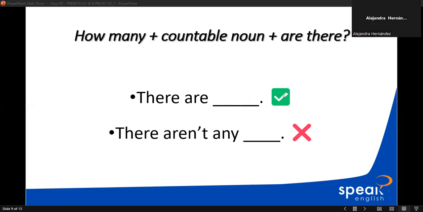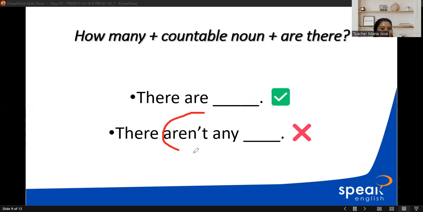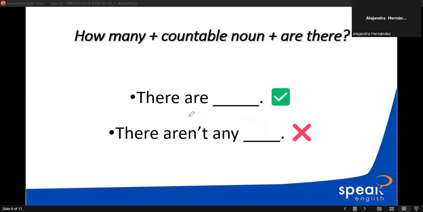Oh, we are talking about aren't, negative, not in the vocabulary. Other words. Okay. There aren't any glue.